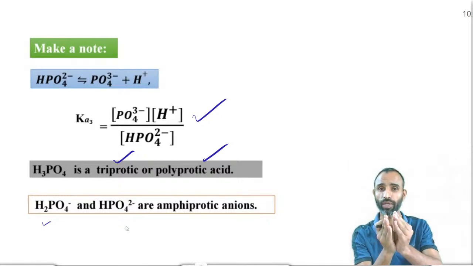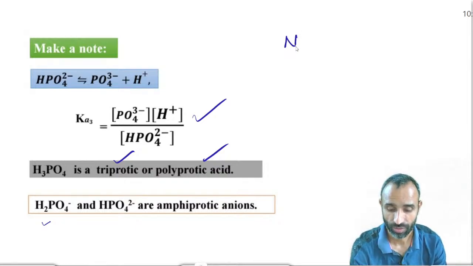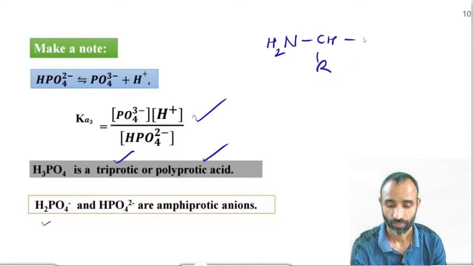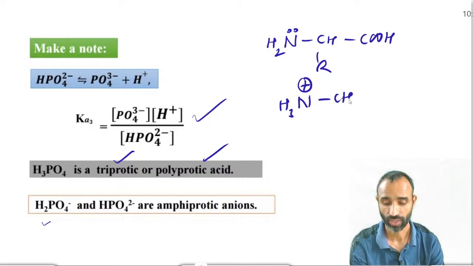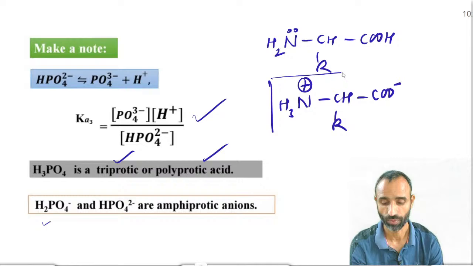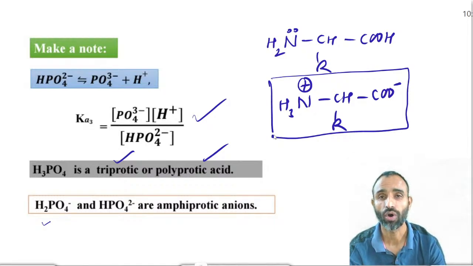It is simply one which can accept or donate. Like amino acids, see, in this case there is a basic group as well as an acidic group. Both groups are in the same molecule. So H plus ion is donated by one group and accepted by the other group. That is called zwitterion.